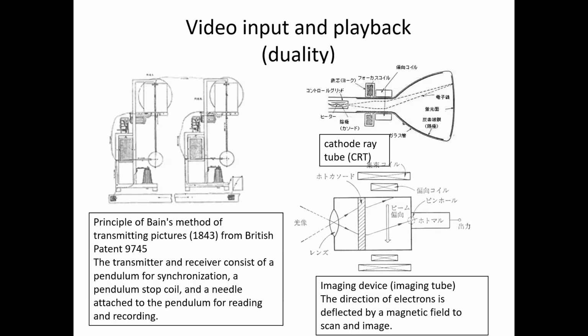Then at the opposite place, you will get the information here. I received the bright information here, then let's put the bright light here, like a projector beam, and then the next information comes. So bright, bright, bright, dark, bright, bright, something like that. You can scan the entire scene in a two-dimensional way.